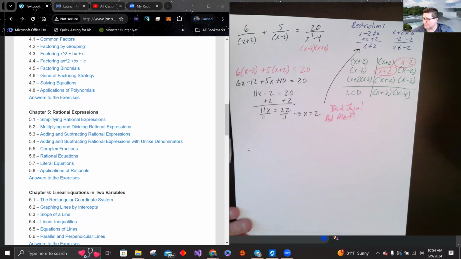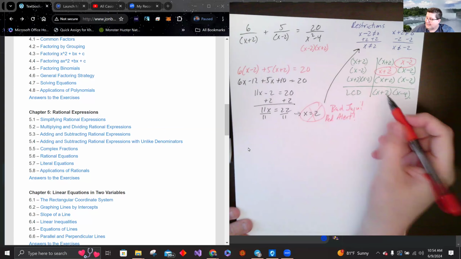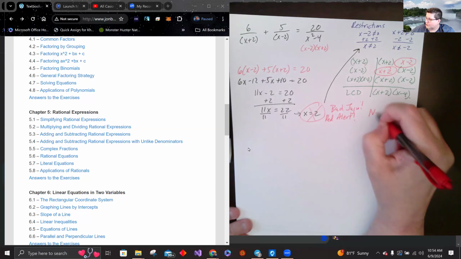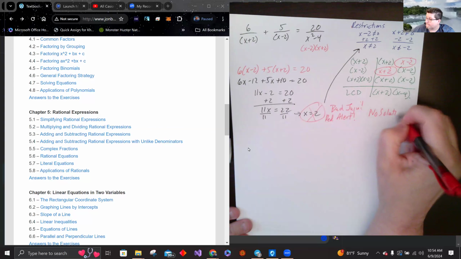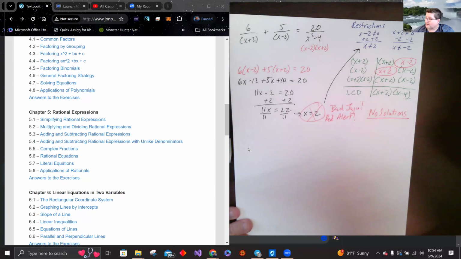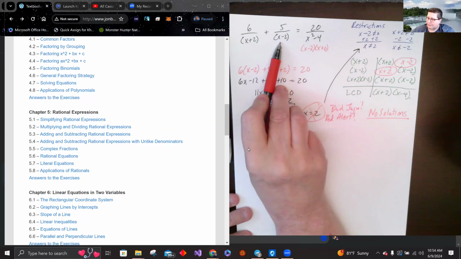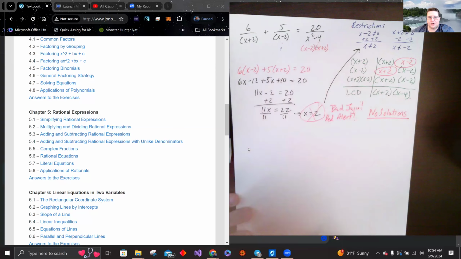X equals 2 is a restricted number. It doesn't work. So we have to cross it off. And since that was our only solution, no solution to this problem. You'll see if we stick x equals 2 in up here, it breaks that one and that one. Both denominators turn to 0.